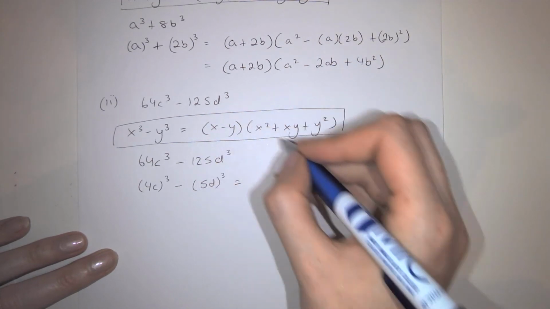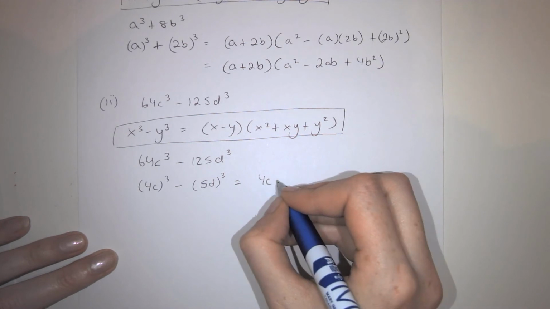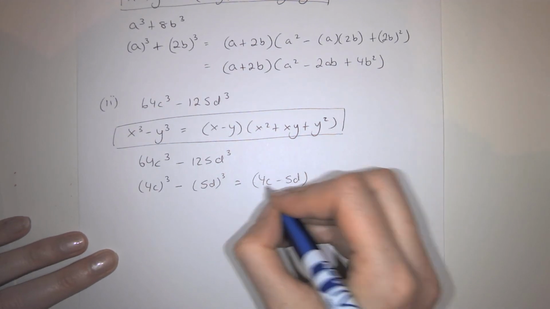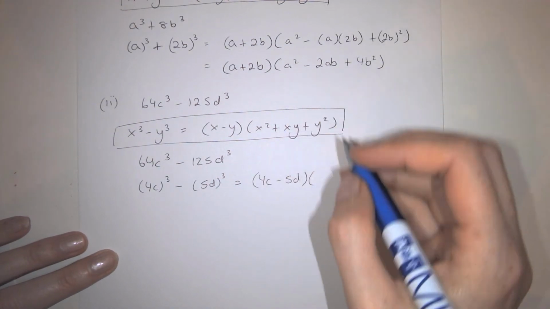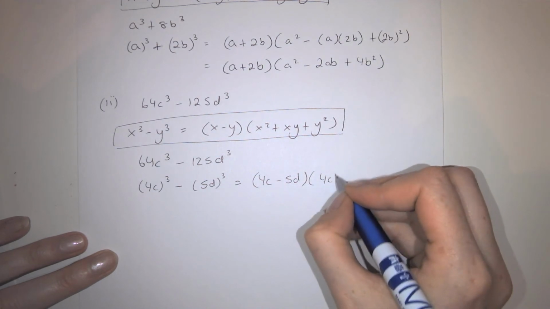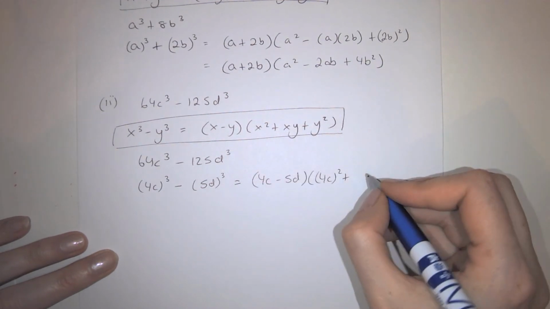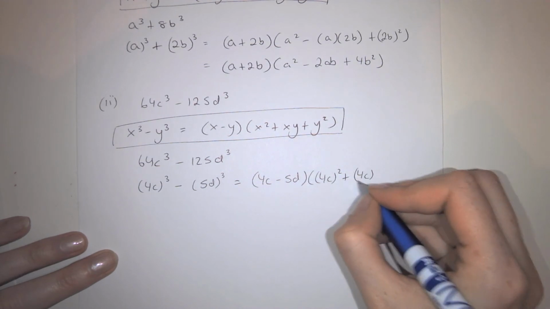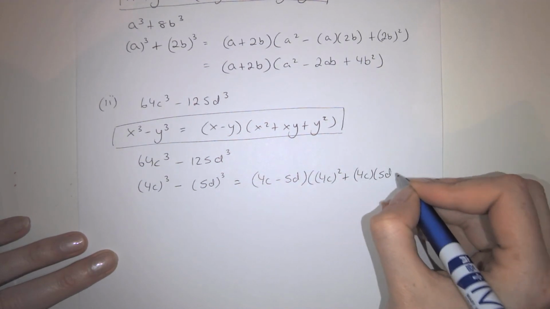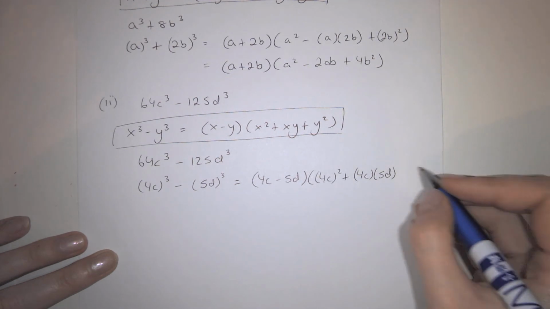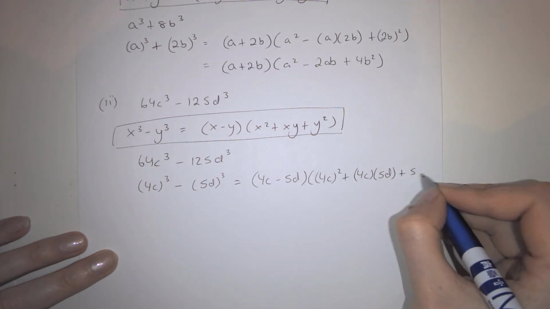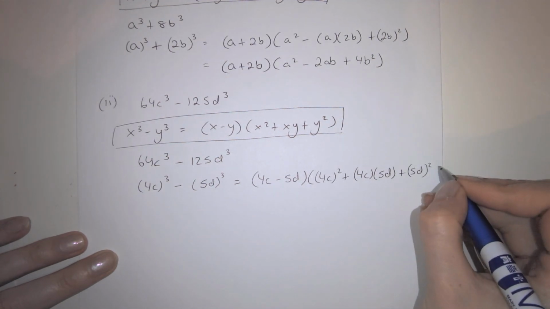So it's x minus y, so 4c minus 5d, close the bracket, and then I have 4c squared plus x by y, which is 4c by 5d, and then plus y squared, which is 5d squared.